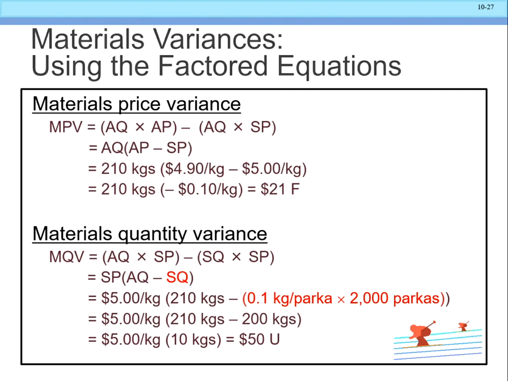So if we produce 2,000 packers, we should use 200 kgs. Then we compare it to the actual that we used, and it gives us $50 that is unfavorable. Then when we add the two variances, we come back to the total spending variance of 29 that we talked about.